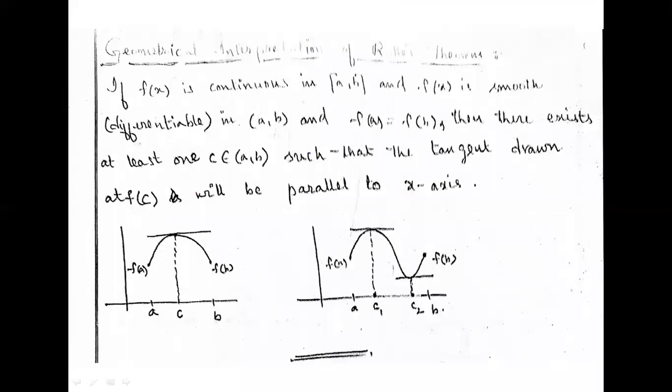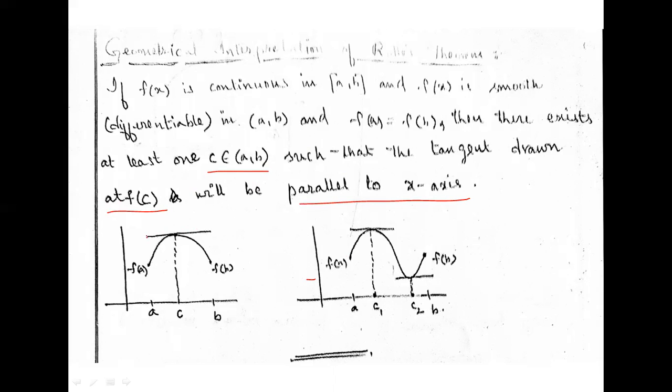So this is the geometrical representation of Rolle's theorem. If f of x is continuous on the closed interval a comma b, and f of x is smooth, meaning differentiable, in the open interval a comma b, and f of a is equal to f of b, then there exists at least one c belonging to the open interval a comma b such that the tangent drawn at f of c will be parallel to the x-axis.